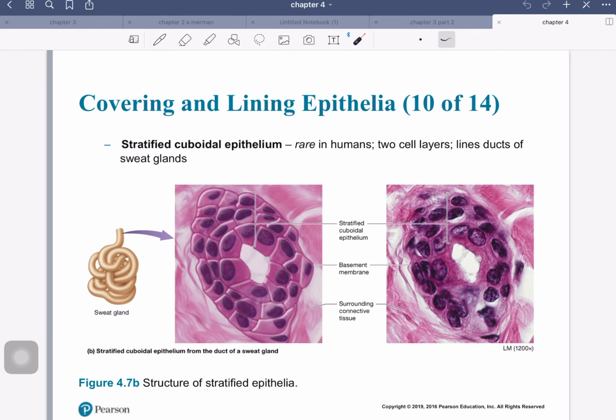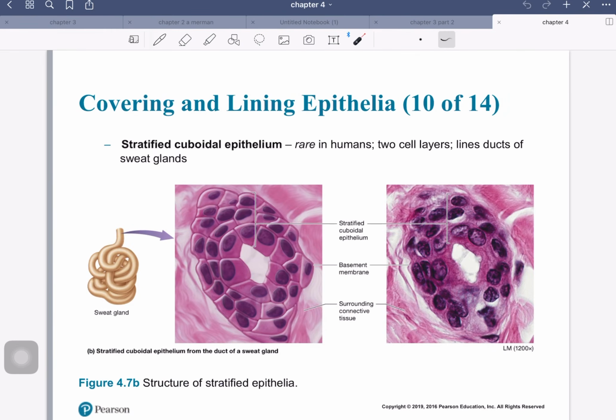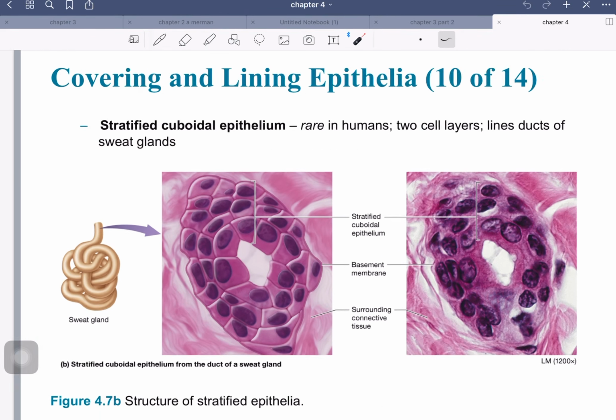Now, we looked at stratified epithelium. Now let's look at some of the variants of it. We have stratified cuboidal, right? And we don't find this too often in humans. It's not one of the most common ones. It's two cell layers, and it lines things like ducts of sweat glands.